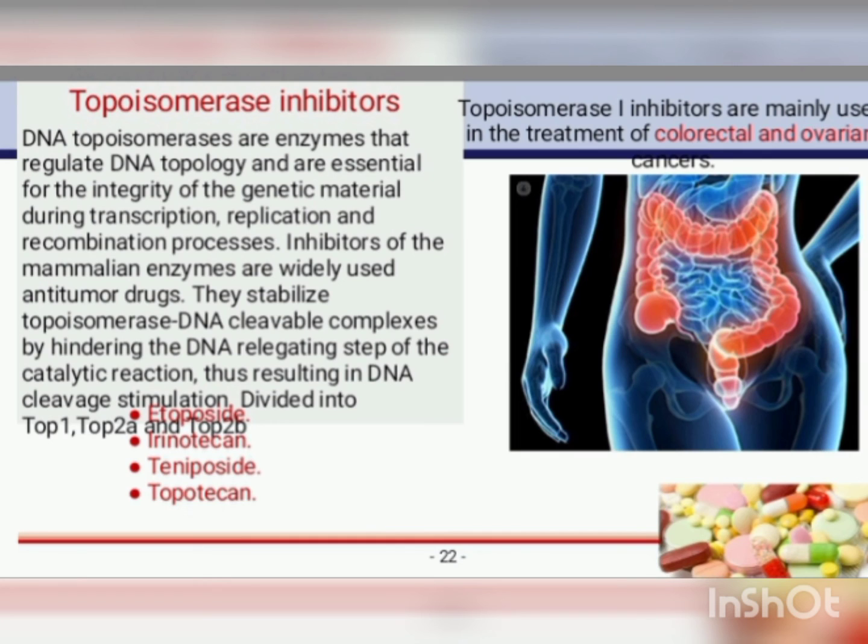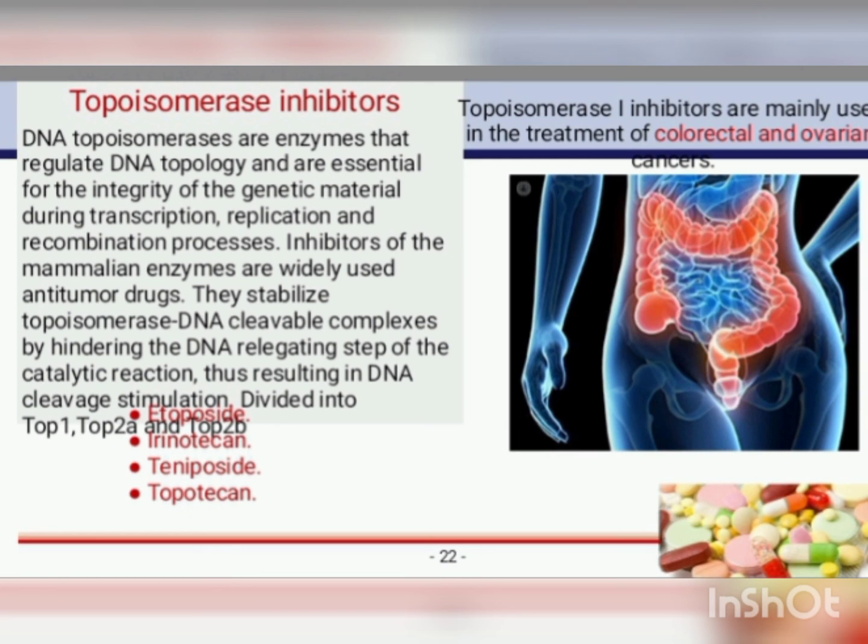Next one is topoisomerase inhibitors. DNA topoisomerases are enzymes that regulate DNA topology and are essential for the integrity of the genetic material during transcription, replication, and recombination processes. Inhibitors of the mammalian enzymes are widely used antitumor drugs.